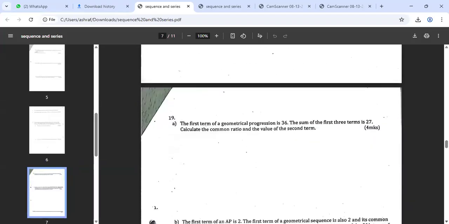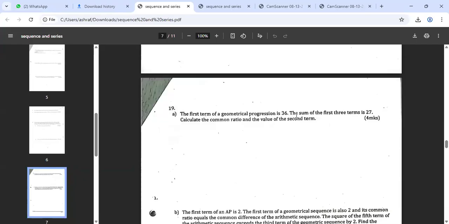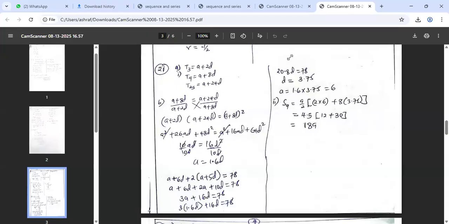Number 19. So part A, we have a question. Kay, you can unmute yourself. Excuse me, Sha. Can you scroll up? I want to see the answers for the previous question. Okay, let me just go to the answer part. Number 21. Yeah.